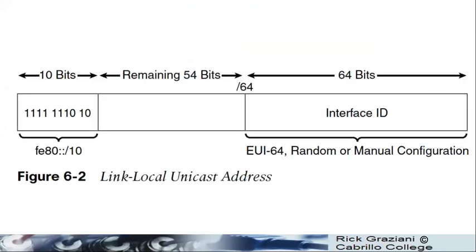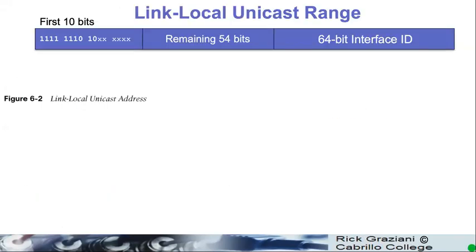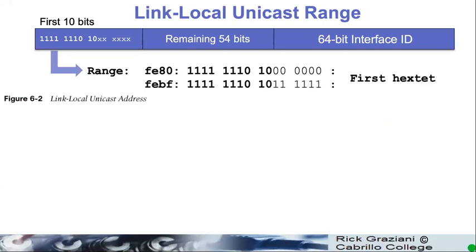That's just a little chart from the book, but let's take a closer look at this. So a link local address, what is the range? Well, there's the first 10 bits there, as you can see on the left. What that means is that the first hextet can be anything from FE80 to FEBF.